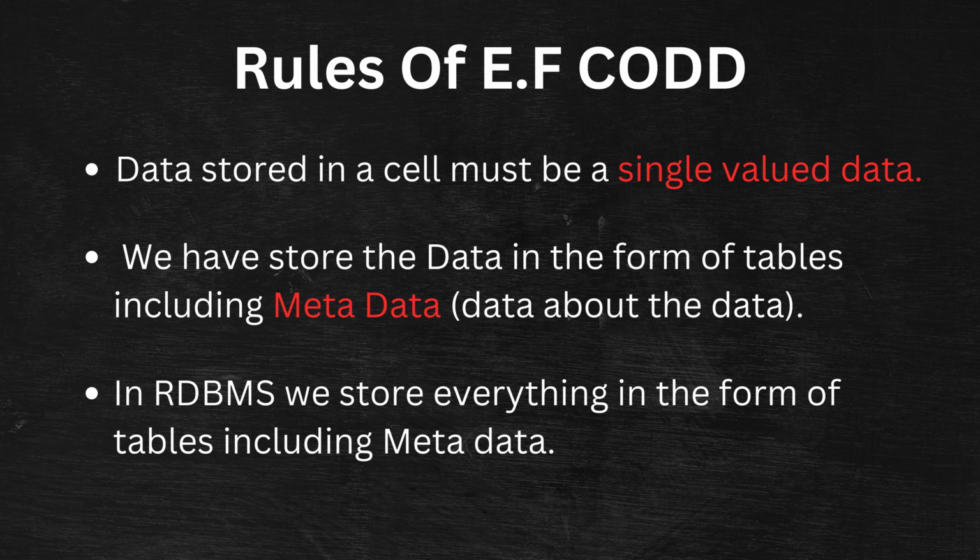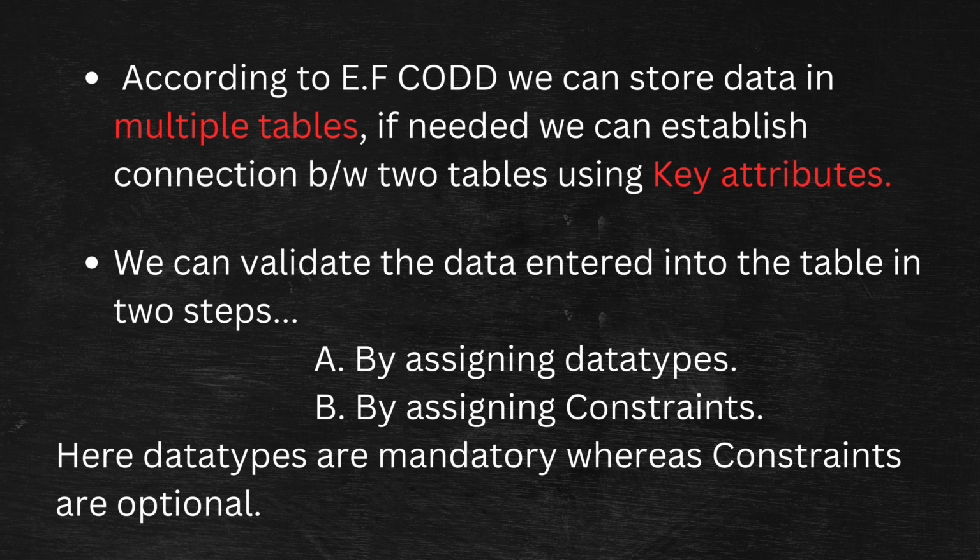Another rule is we store the data in the form of tables, including metadata. So what is metadata? Information about other data. So in RDBMS we have to store everything in the form of tables, including metadata. According to E.F. Codd, we can store the data in multiple tables.